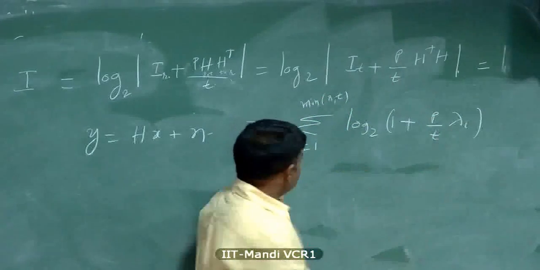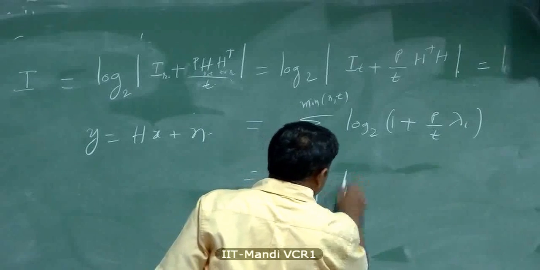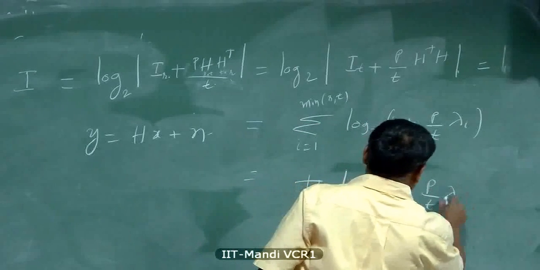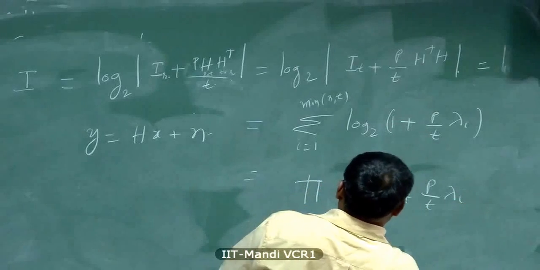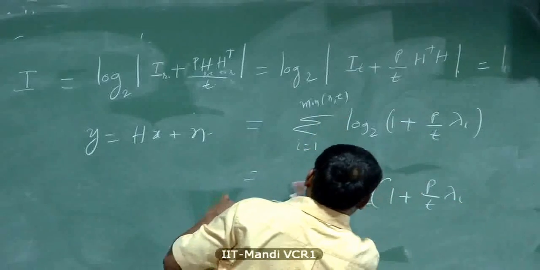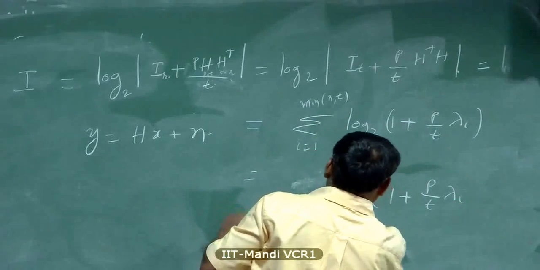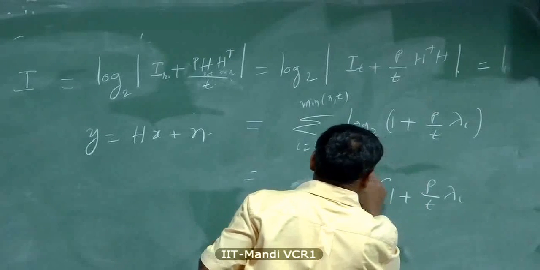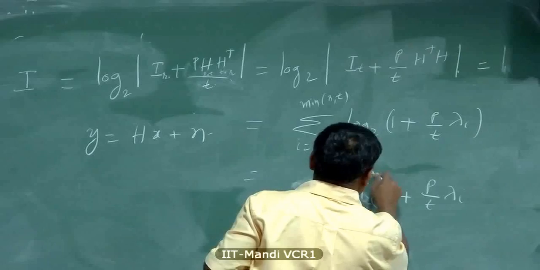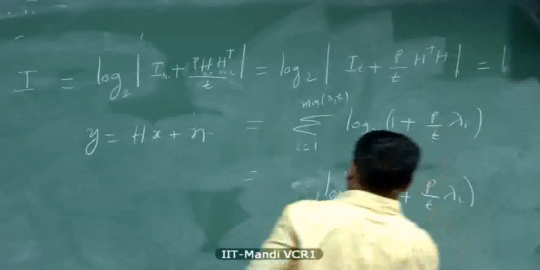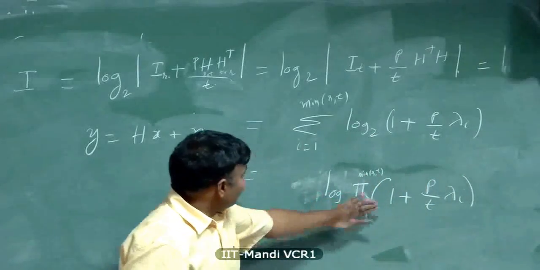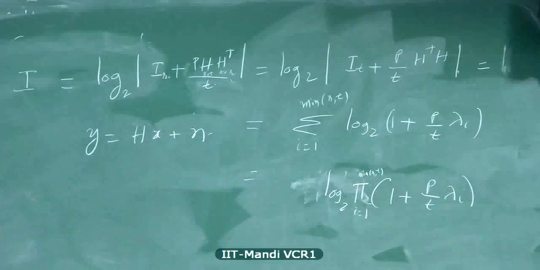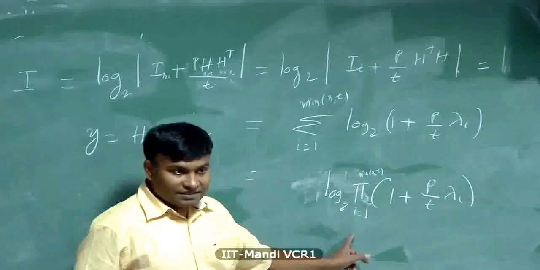1 plus P by T is equal to the product of, it's inside the logarithm, right? And log of product is equal to, did we see this somewhere?